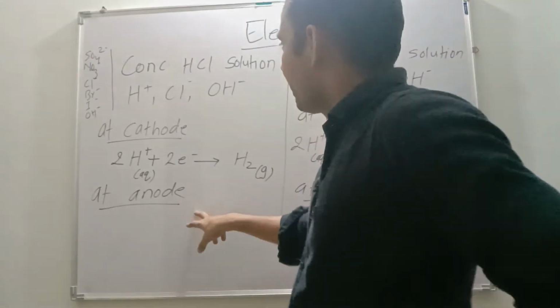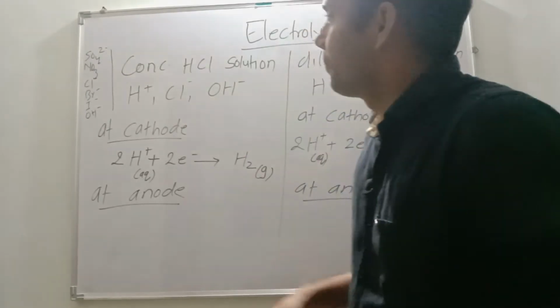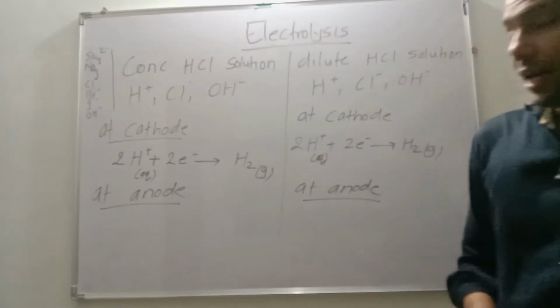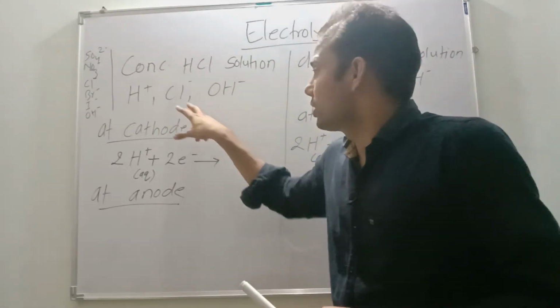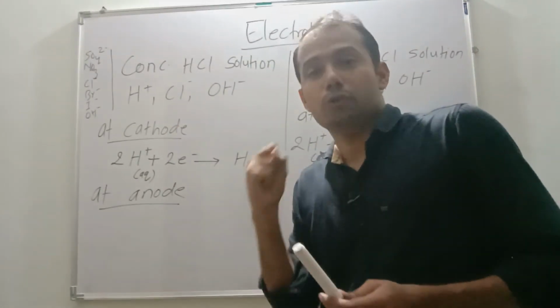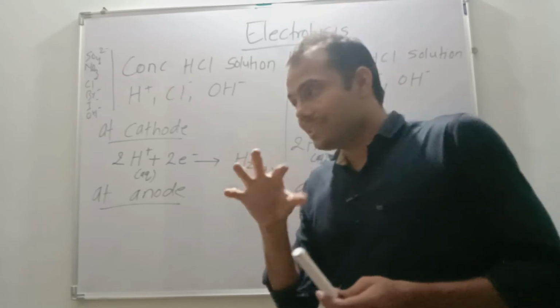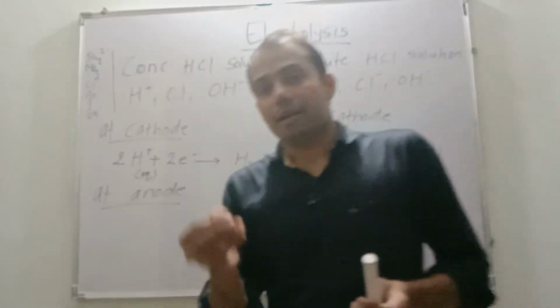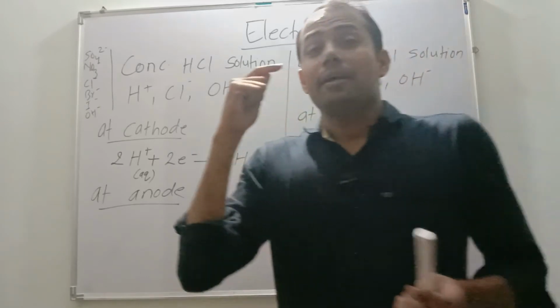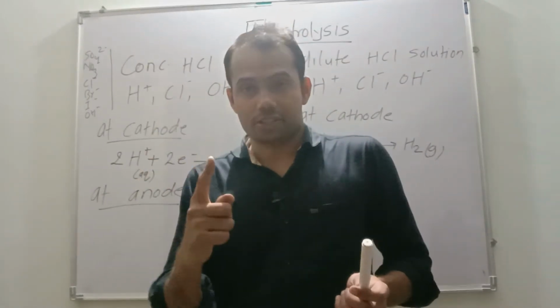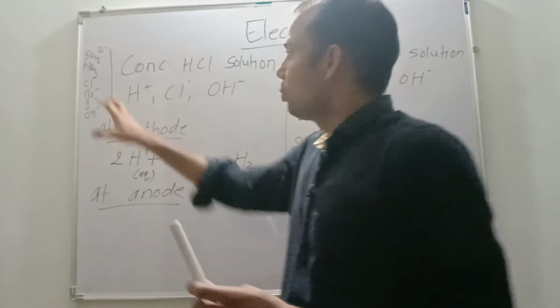So if I look at OH minus and Cl minus, this is a concentrated HCl solution. There is a larger amount of solute. In such a case, wherever the concentration of an anion is more, that anion preferentially discharges first. So that rule will not work.